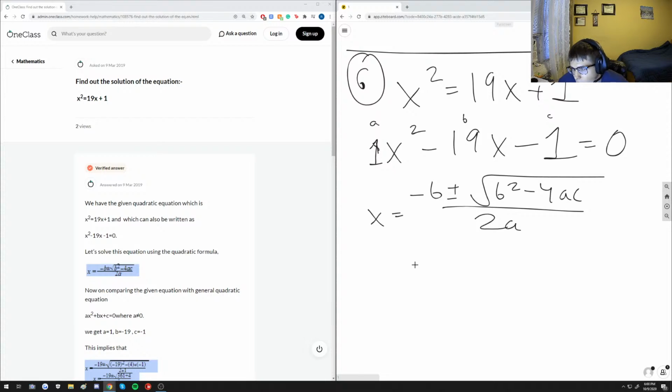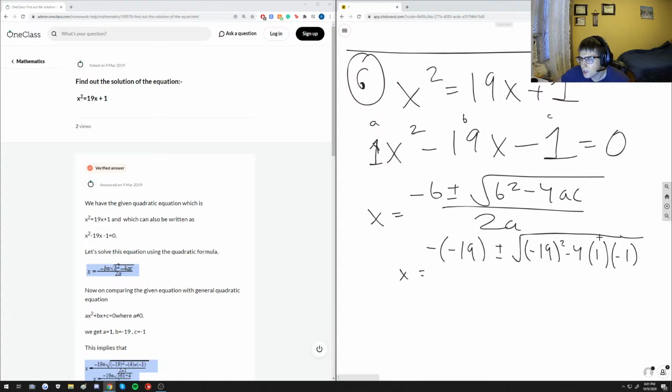Substituting all of these values in, we get x is equal to negative 19 plus or minus the square root of negative 19 squared minus 4 times a, which is 1, times c, which is negative 1, and then the whole thing over 2 times 1.